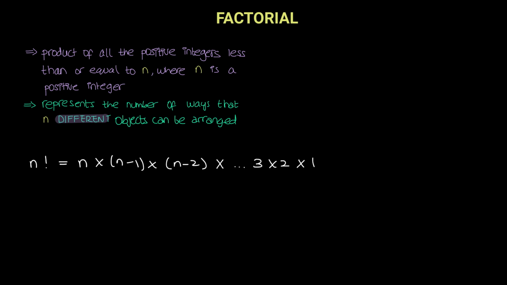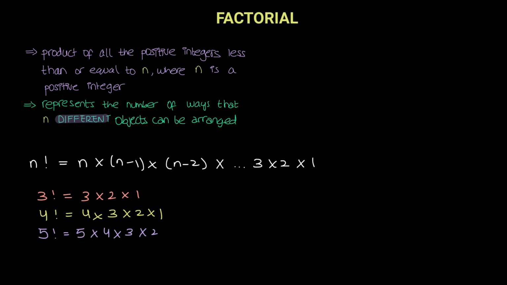So now we know from the previous example, if we needed to arrange 3 different objects, we can simply find it through 3 factorial ways, which is 3 into 2 into 1. If we need to arrange 4 different objects, it will be done through 4 into 3 into 2 into 1. And likewise, 5 factorial can be found by multiplying 5 all the way down to 1.